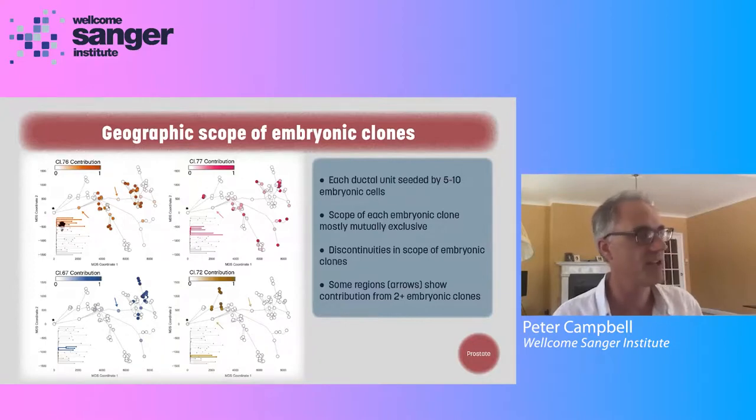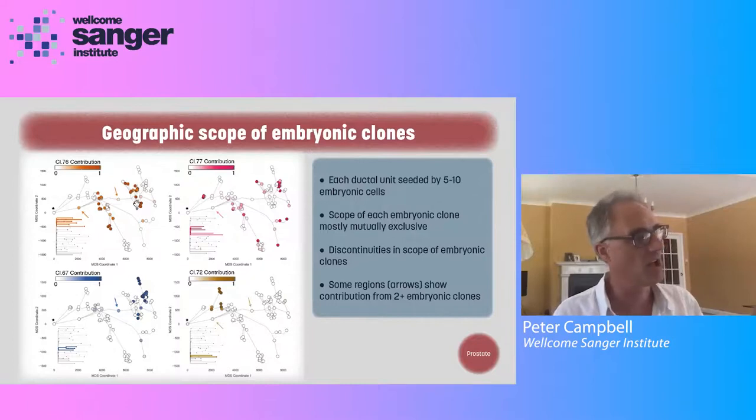What you can see is that each of these embryonic cells has spread through quite a wide range of the prostate of this particular ductal unit. This particular embryonic cell that started here and has undergone many, many cell divisions has wound up seeding all of these different microdissections within the same ductal unit.